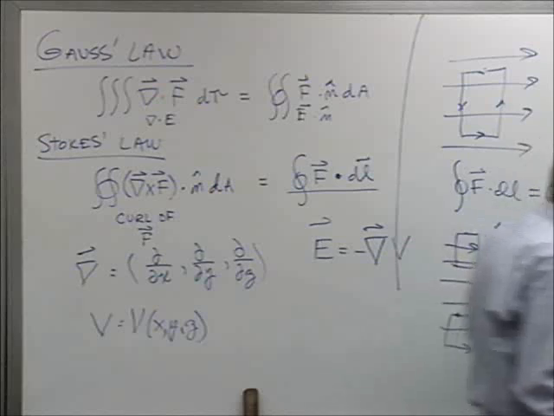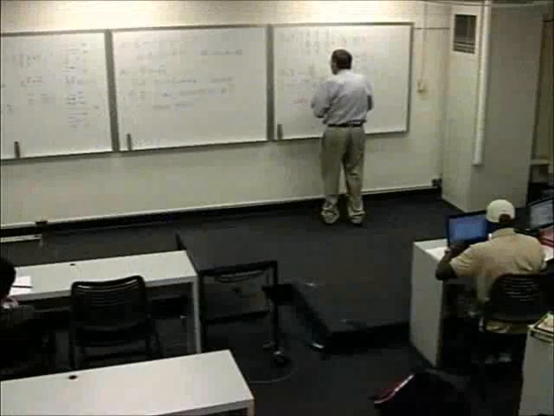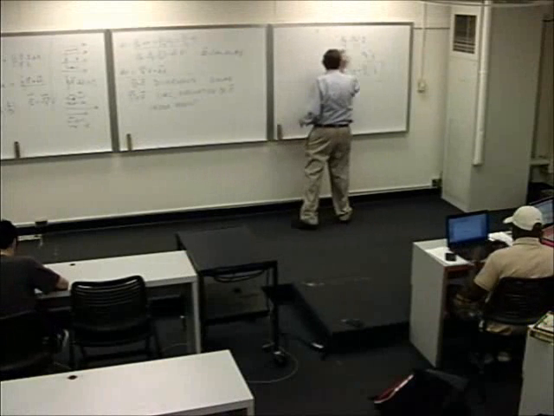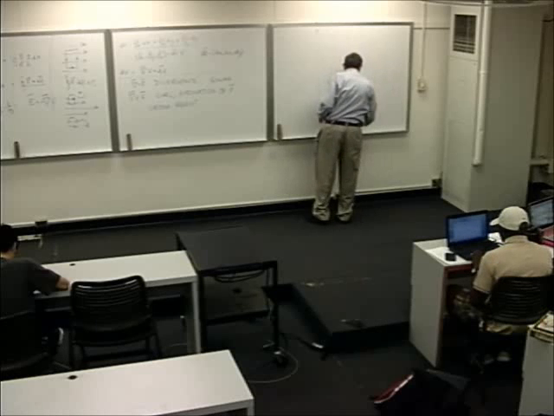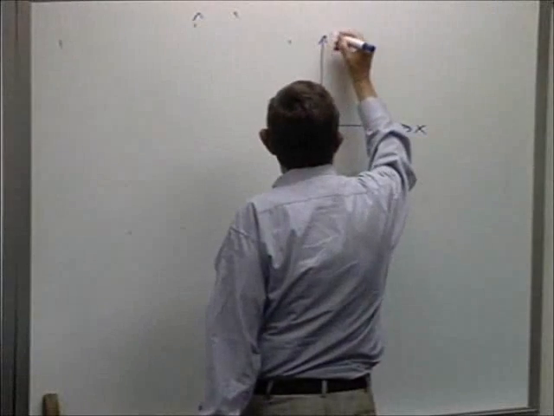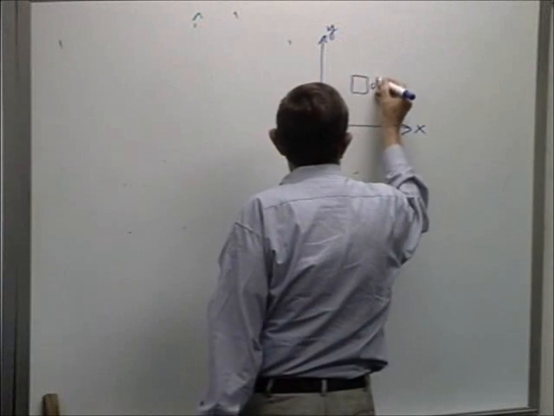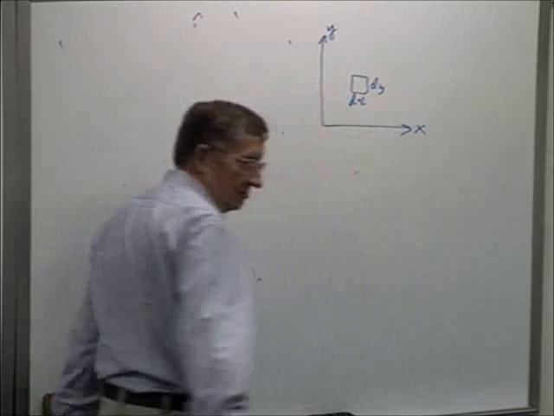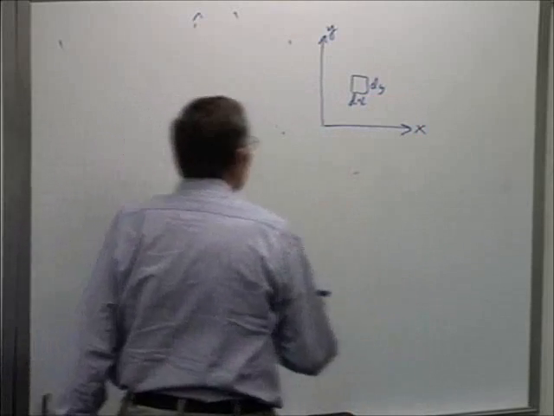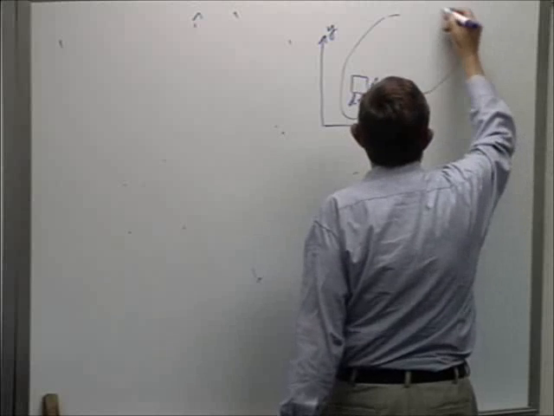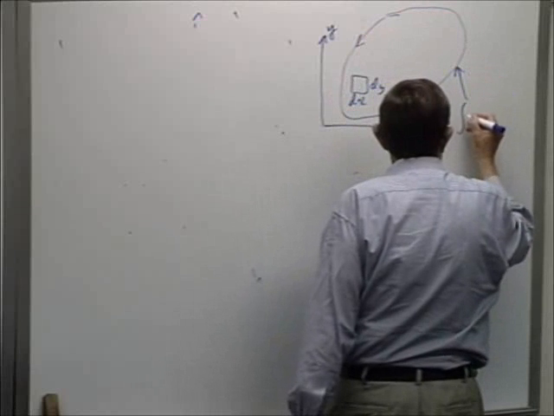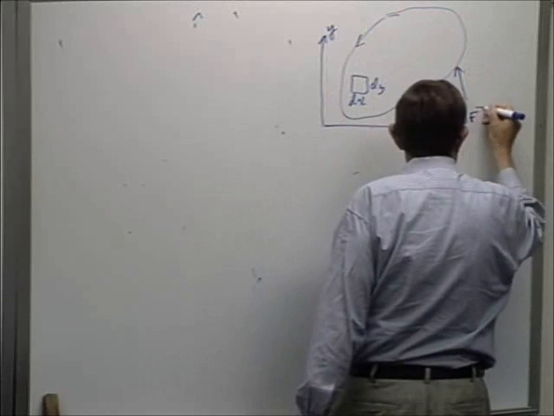One last thing I want to mention on the curl is that we did it for an elemental path. Let's say we go back to our xy plane, and I did it for just this little element dx dy. So I showed around that one path how it relates. Well, what if you had a big boundary here and you wanted to do the integral of F dot dl around that boundary?